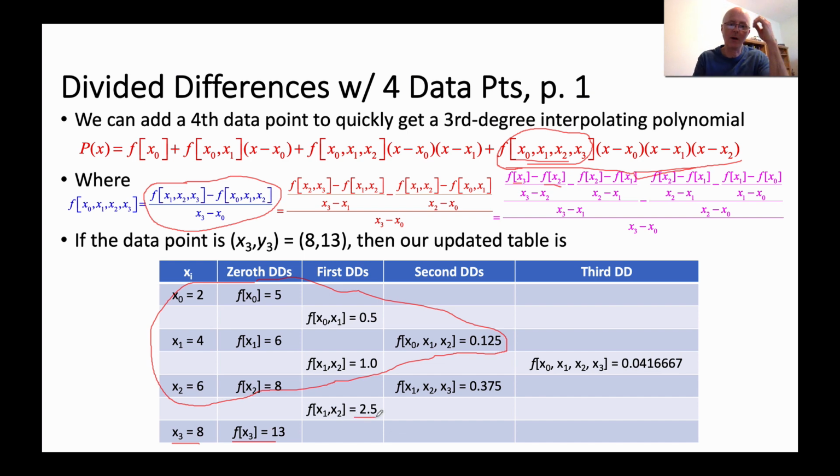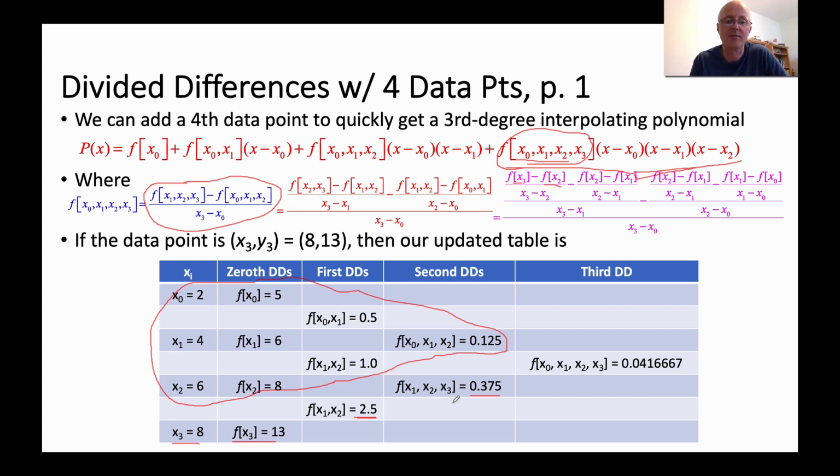Where does the 2.5 come from? It's a first divided difference. In other words, it's a divided difference of zeroth divided differences. It's 13 minus 8, all divided by 8 minus 6. That'd be 5 over 2. 5 halves is 2.5. What about this number? It's a second divided difference.